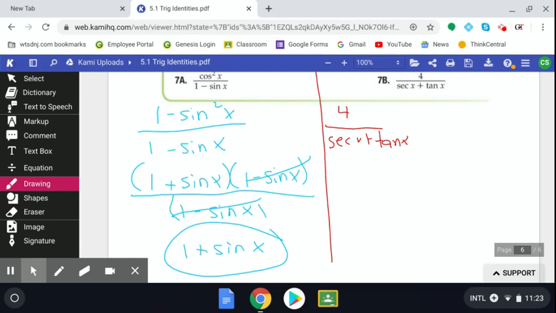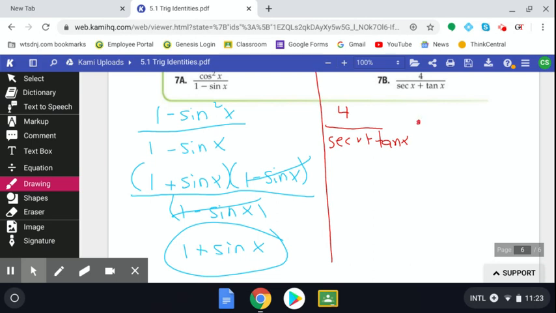It's just like when you have a radical in the denominator, you try to cancel out the radical. Or sometimes if you have something like 1 plus square root of 2, you'd have to multiply by the conjugate to get rid of the radical in the denominator.